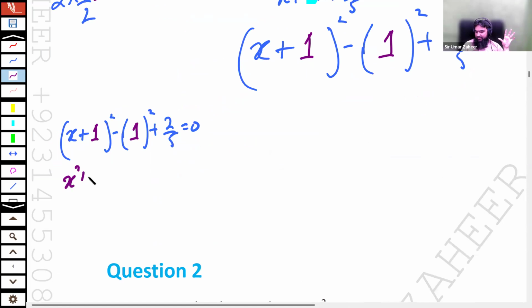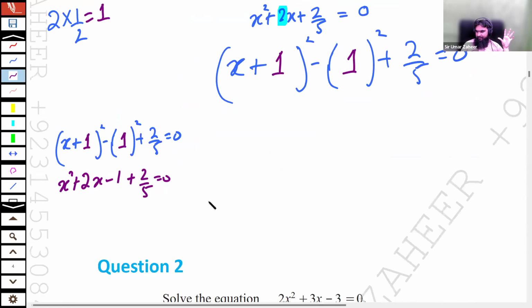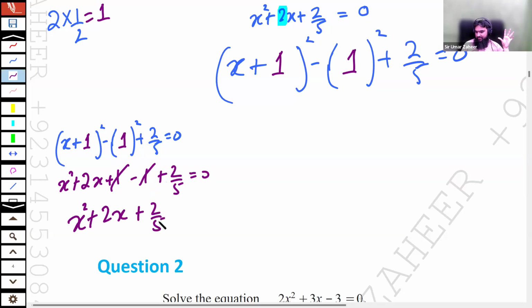You have x square plus 2ab, so 2 multiplied by 1 is 2, into x, minus 1 plus 2 over 5 is equal to 0. And this minus 1 we have, plus 1 minus 1 plus 2 over 5 is equal to 0. Plus 1 minus 1 will be cancelled out. We will get the same thing: x square plus 2x plus 2 over 5.